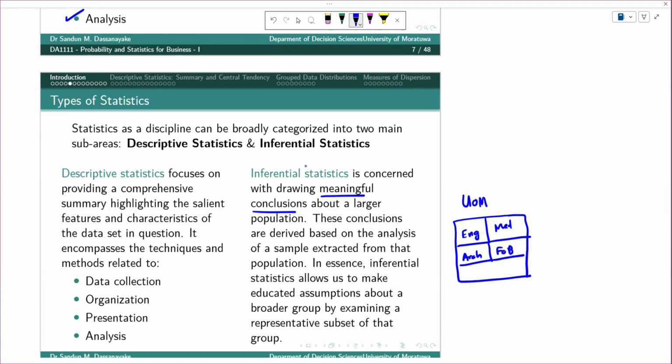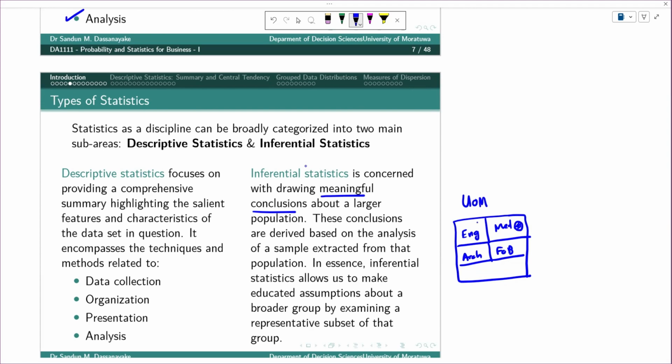If you want to understand the student perception or the issues of students in the University of Moratuwa, you need to get meaningful conclusions from different sectors, right? You can't just go and say, all right, I am going to sample only the medical students and then say this is the University of Moratuwa students' perception.